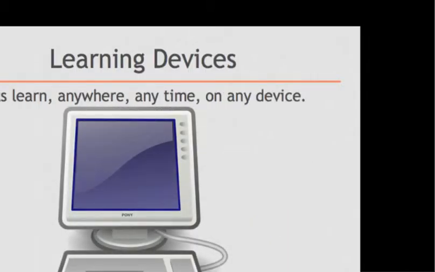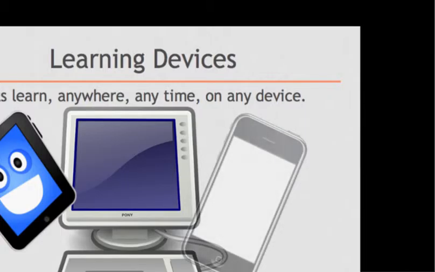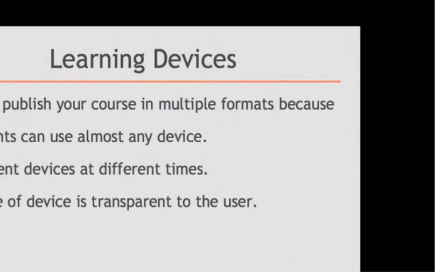So students now can learn anywhere, on any device, at pretty much any time. This of course creates problems because we can fairly easily produce things in a format that suits a regular desktop. But now we have students looking at iPads and iPhones and PCs, and sometimes they're in landscape format and sometimes they're in portrait format.